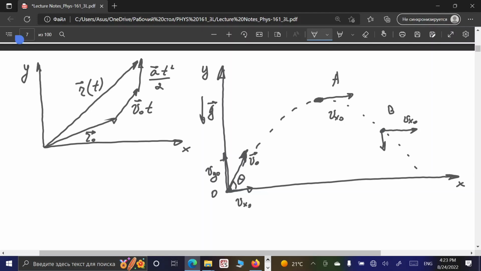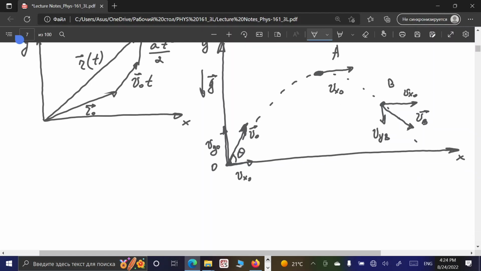And here will be some Vy, let's call it B, projection of the velocity vector at this point B. It will be the B vector on axis y, which it will gain by accelerating under free fall conditions, but it will already be in the opposite direction. So initially, component vy was along axis y, and now it goes in the opposite direction because it starts to fall down.